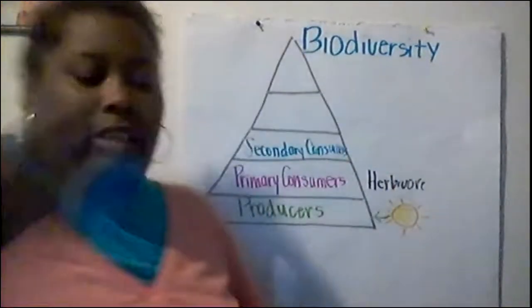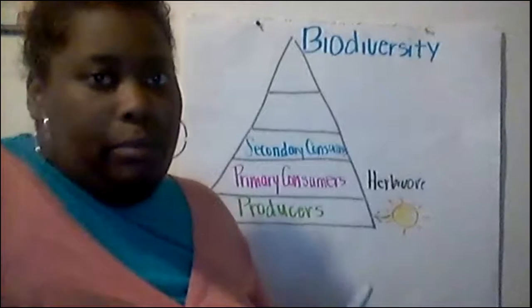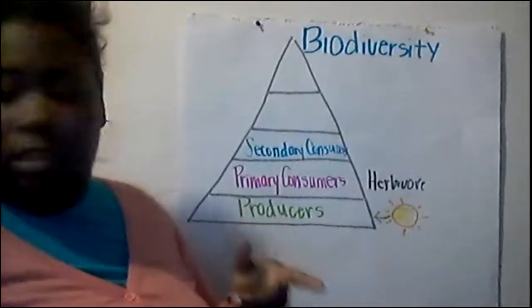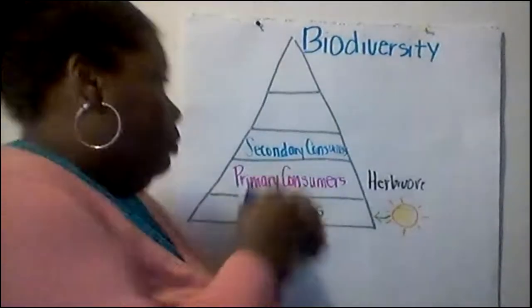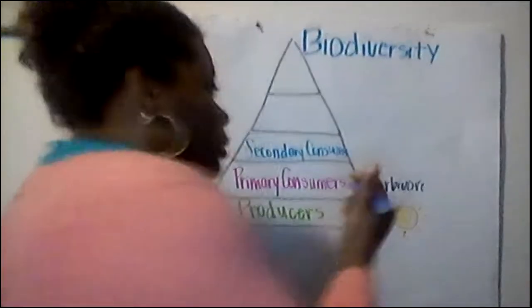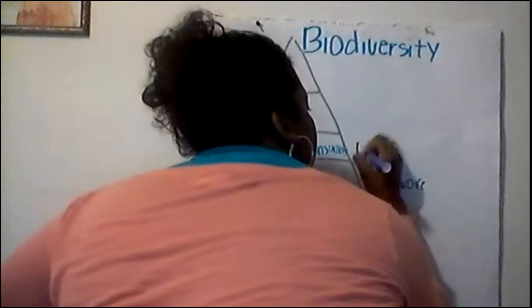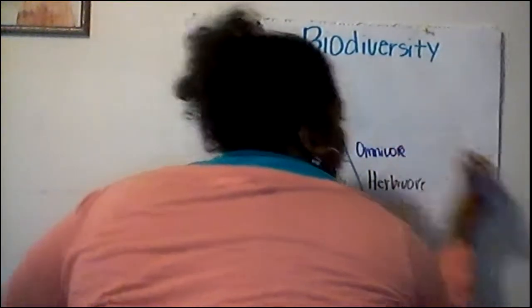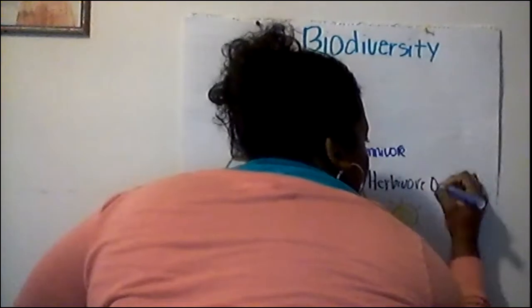Now, the organisms that would be secondary consumers could also be primary consumers. And we'll write them in purple. And that would be the omnivore, or the omnivore could be here.